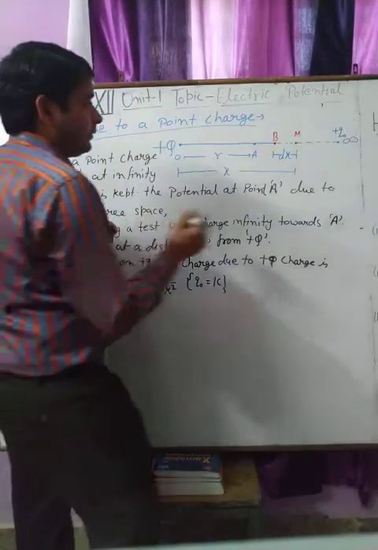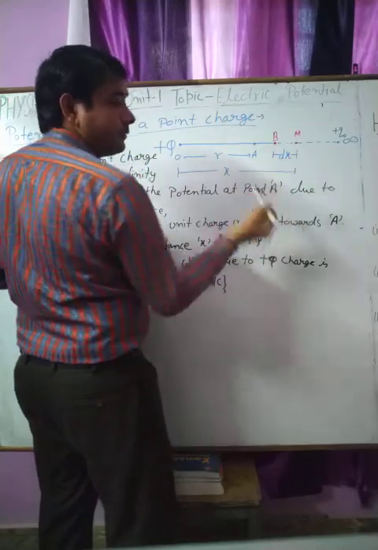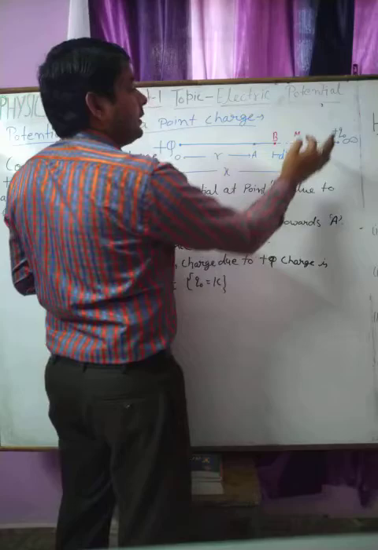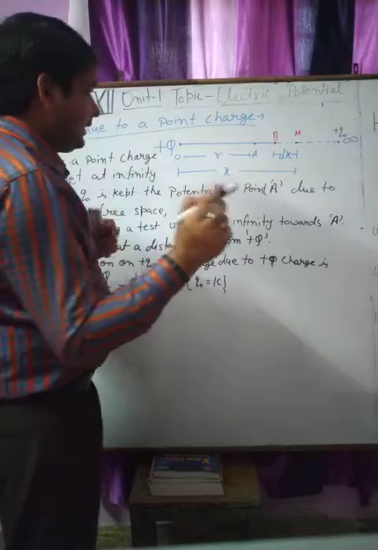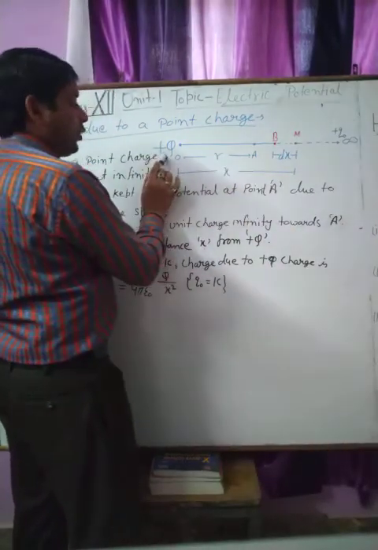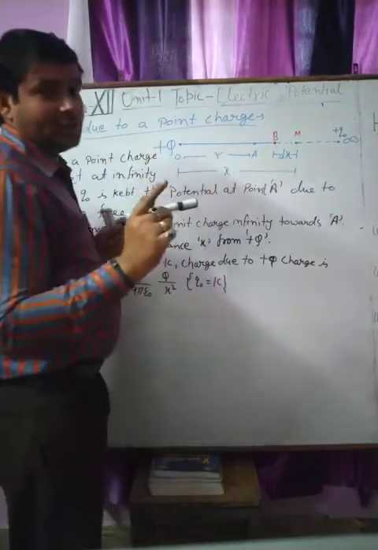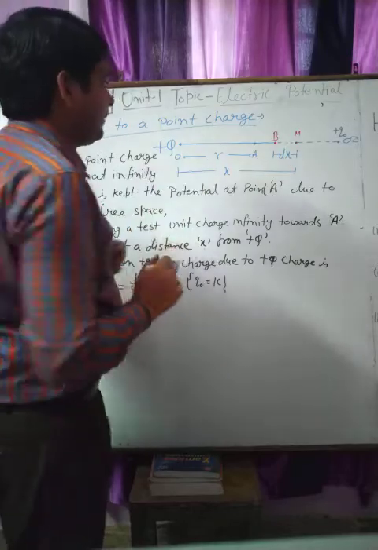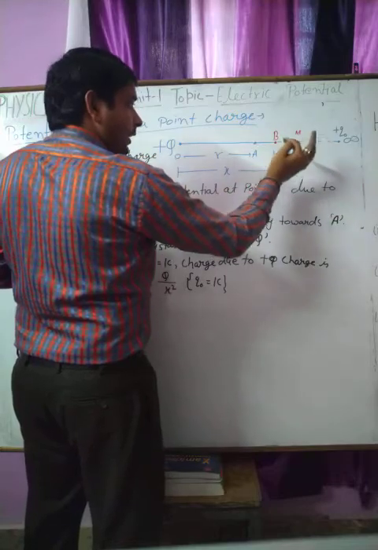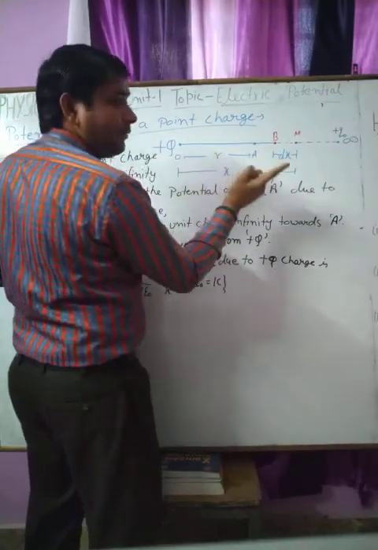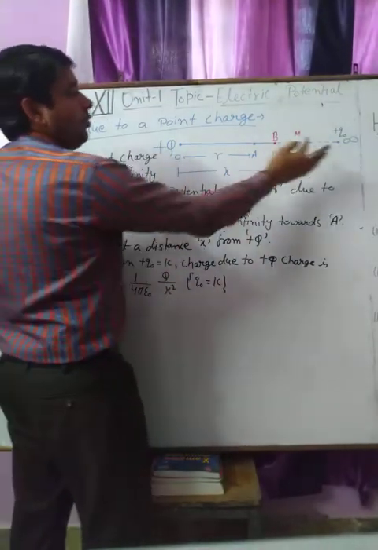Okay, let from M to point B a small distance dx be covered under the influence of the force against the positive charge. This is the repulsive force because the point charge plus q and the test charge are both positive. So like charges repel each other. Therefore we do some work against the influence of the electrostatic force applied by the point charge on this test charge.